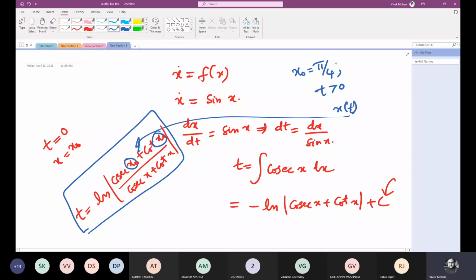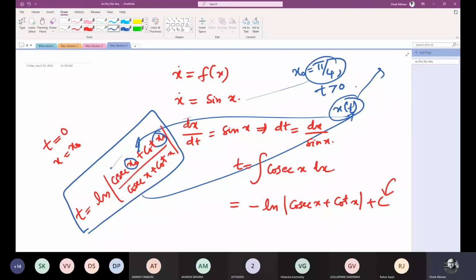So when x naught equals pi by 4, you will get a particular value for t, and if you substitute t here, you will get x of t, right? Now you are changing your x naught again. Maybe x naught equals pi. So your t is again changing, right? Now you are again evaluating your time series x of t. That is your solution. Okay.